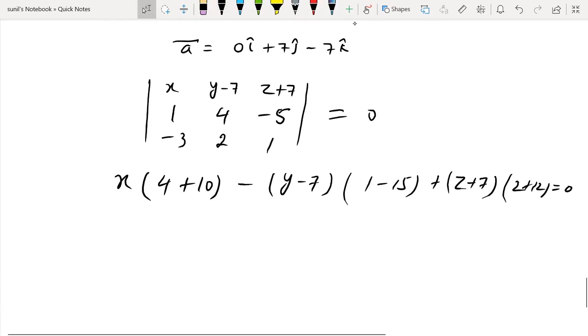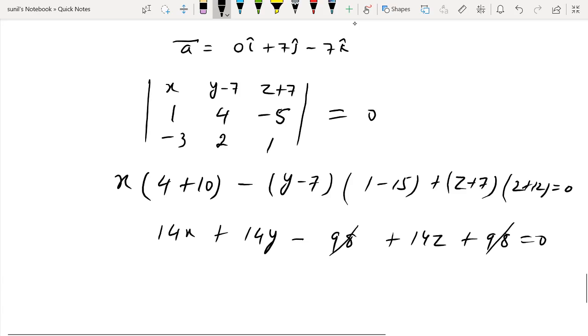This equation is then turning out to be, if we simplify it, simply 14x plus 14y minus 98 minus 14z plus 98 is equal to 0.